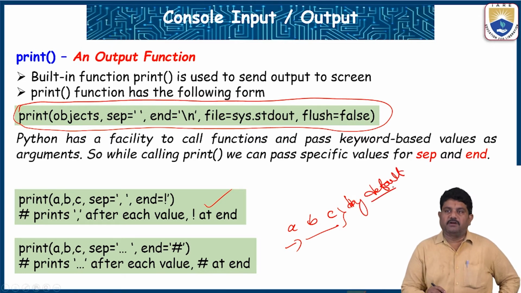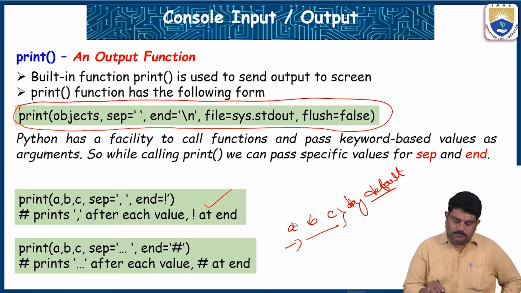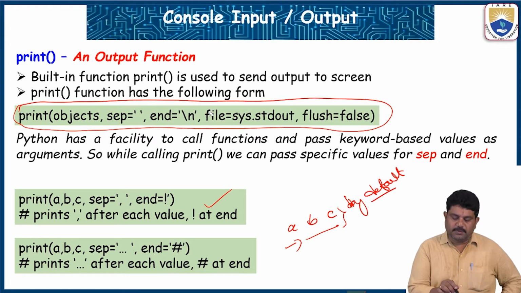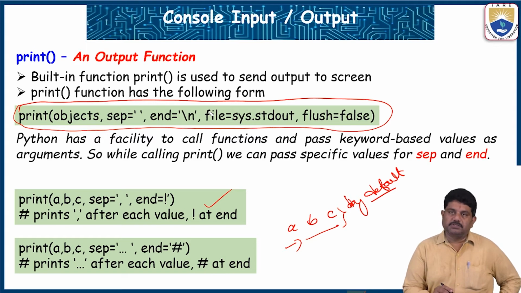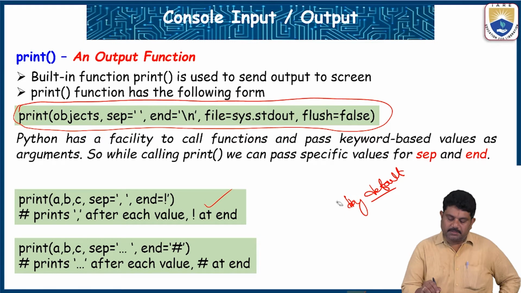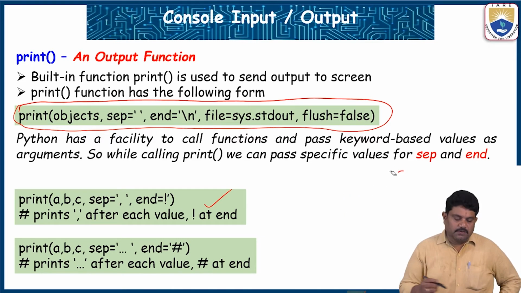If you want to change, you can change the values for the separator and the end. These are the parameters, and based on the parameters we provide, those values will replace the default values.